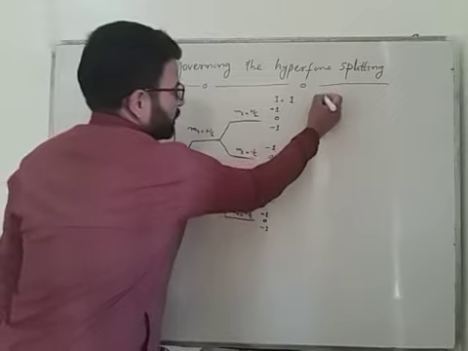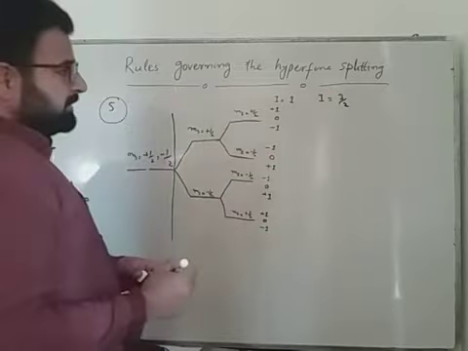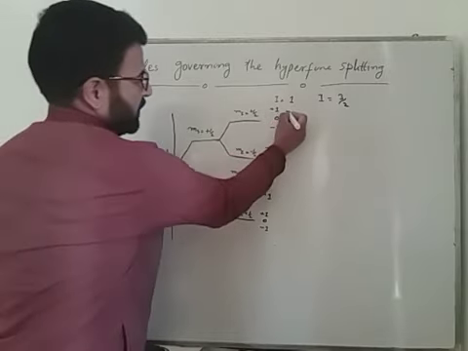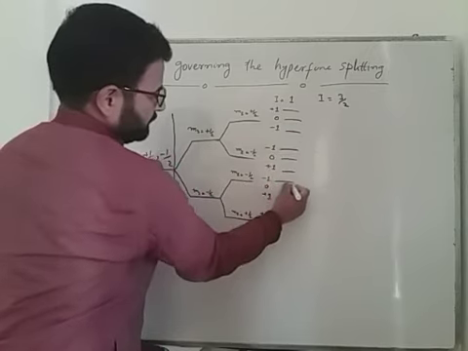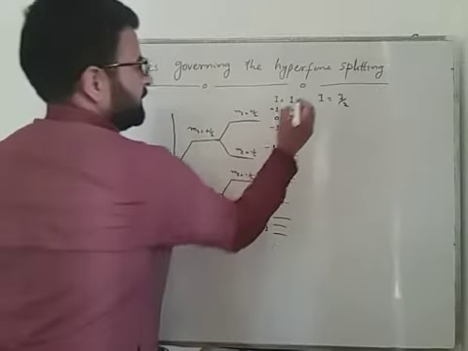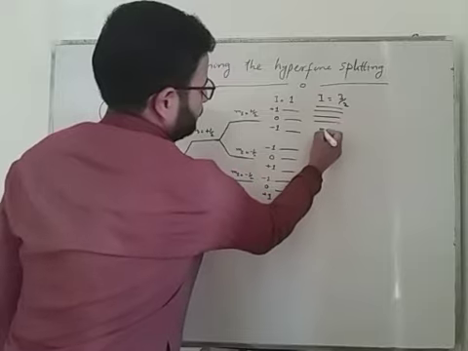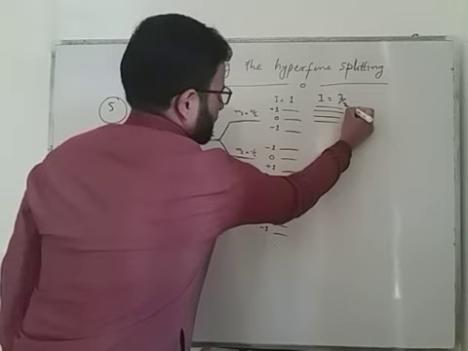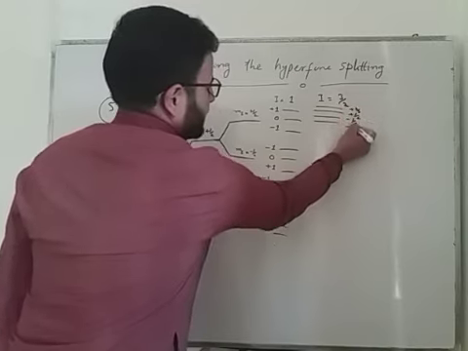Now if we have one more nucleus there which has I equal to 3/2, then each line, for example, it had three lines, now each line of these will be split into 4. Each line will be split into four lines: plus 3/2, plus 1/2, minus 1/2 and minus 3/2.